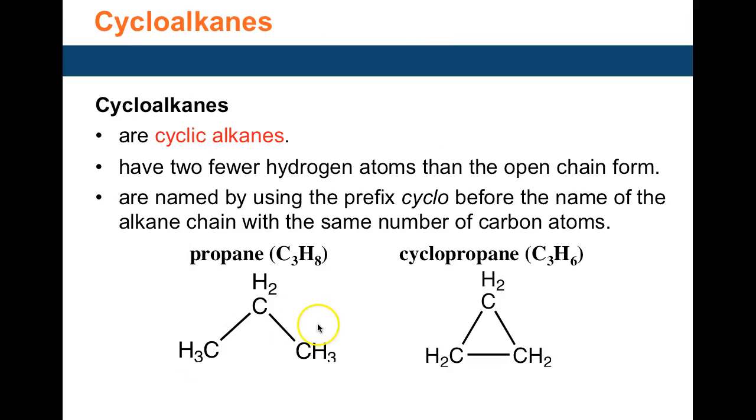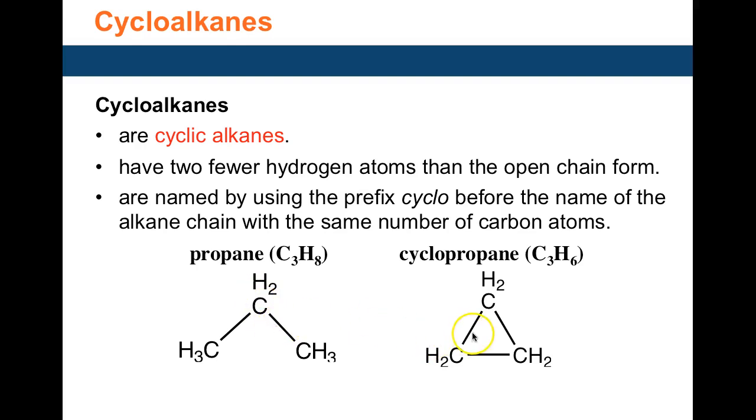And then you have another group of alkanes called cyclic alkanes. As the name implies, there's a cyclic structure here. So this is propane. These carbons are connected by single bonds, but there's no ring structure, just single bonds between the carbon atoms.